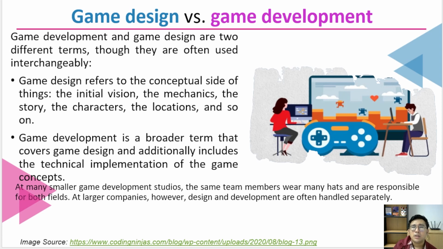For example, game design refers to the conceptual side of things. It's the concept and the plan, the first thing that we need to do when we focus on our design and our preparation for game development. So it will include the initial vision, the mechanics, the story, the characters, the location, and the list goes on.